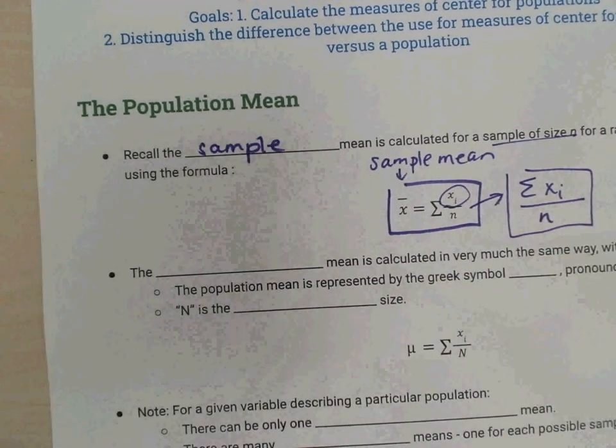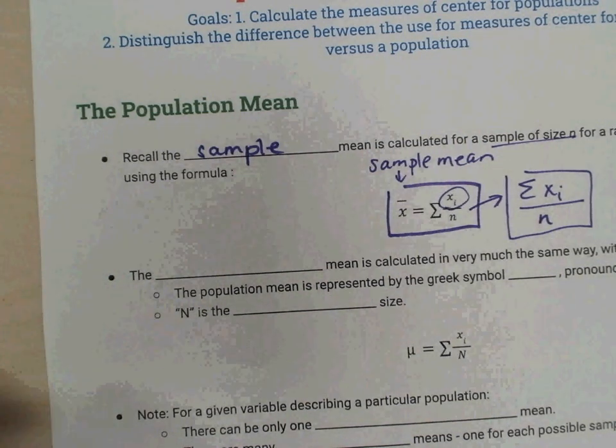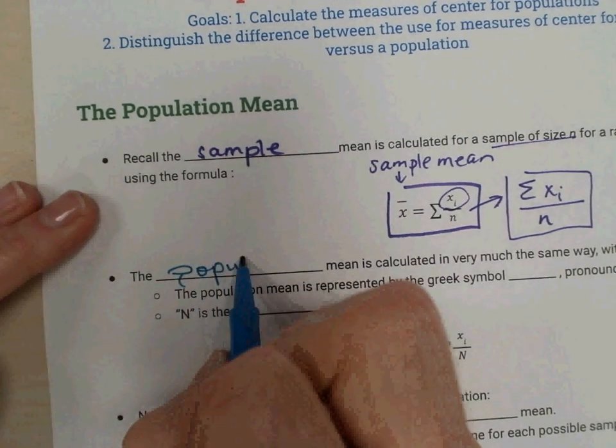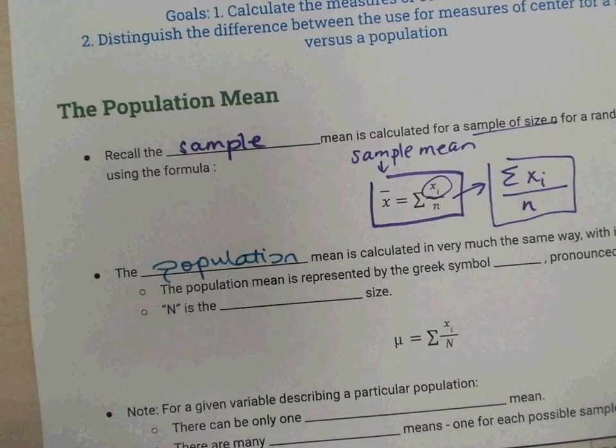The next definition we have is the population mean. It's calculated in much the same way with its own notation.